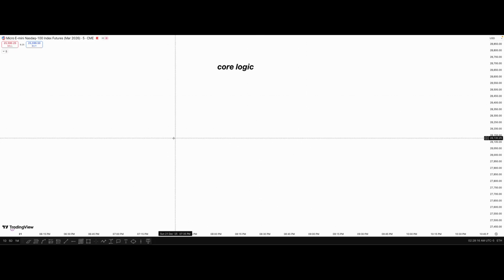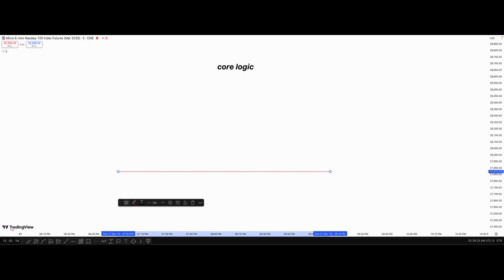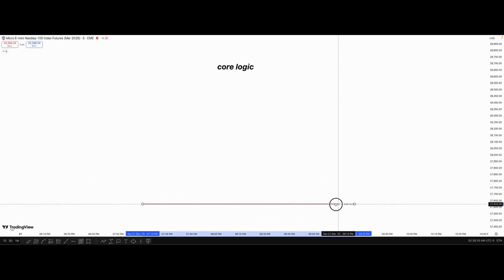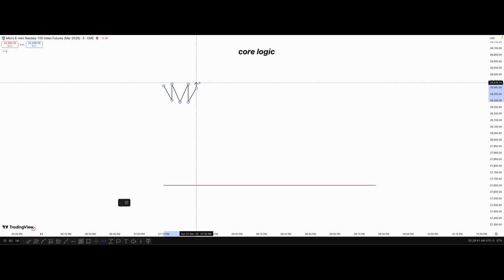Anytime the price wants to create an ERL, what will it do? Suppose we have an external liquidity like this, right? What are the price and the phases going to look like? The phases will be a consolidation, a normal consolidation. This is the first original consolidation that will occur in price, all right?